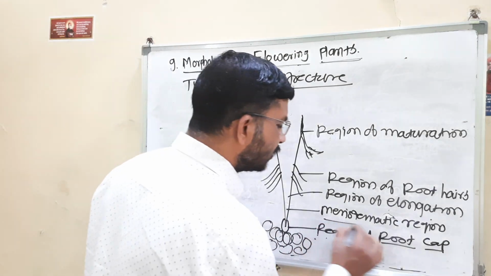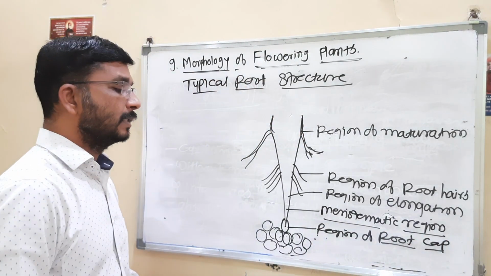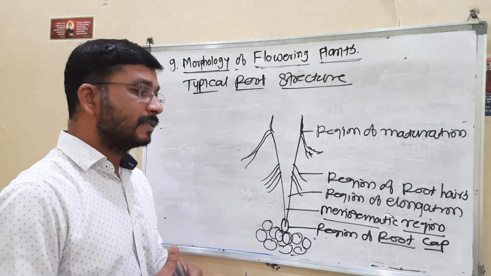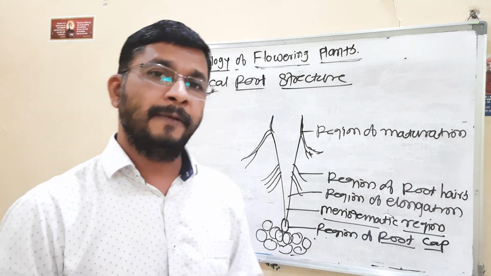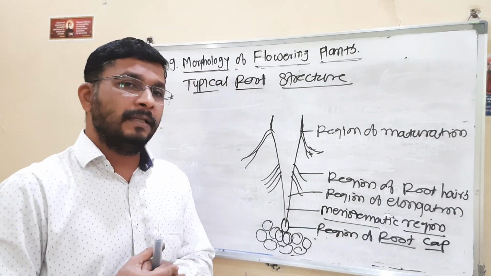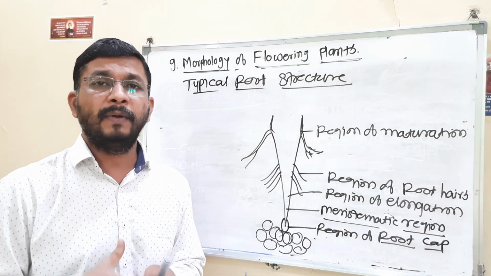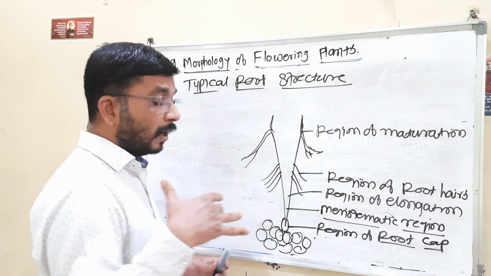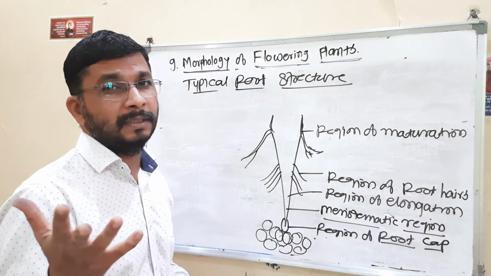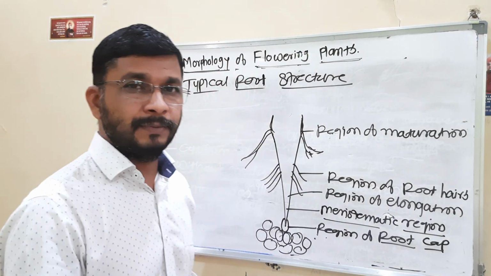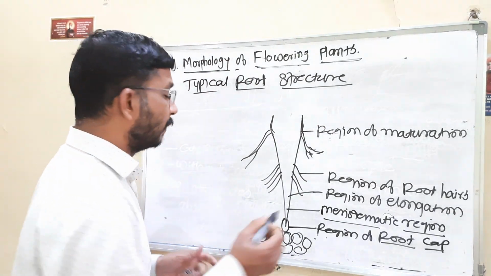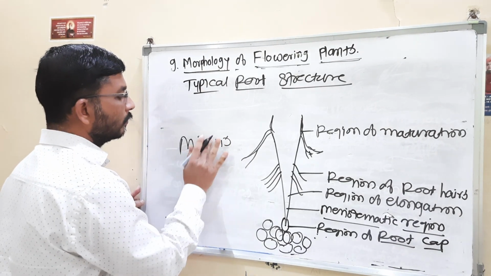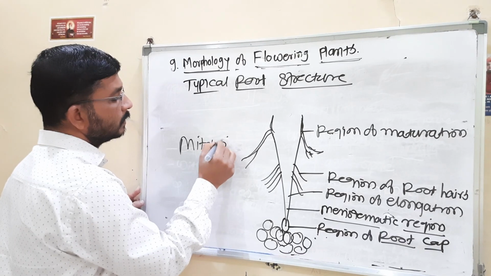Then the meristematic region. Certain cells are present in the meristematic region. Those cells continuously divide and redivide. You know how this division takes place if you studied the cell division chapter, where you study mitosis.